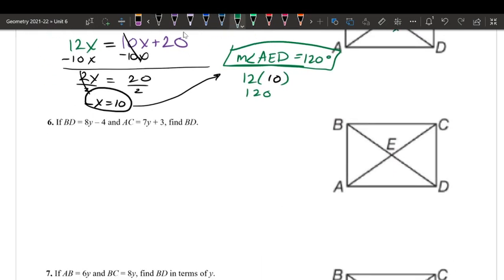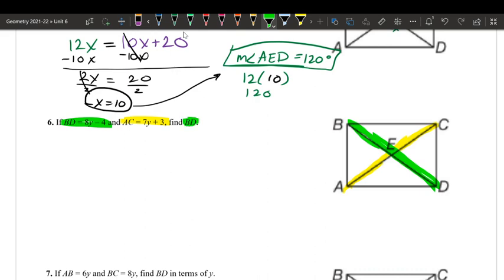All right, next one. If BD is 8y minus 4, okay, and AC is 7y plus 3, find BD.